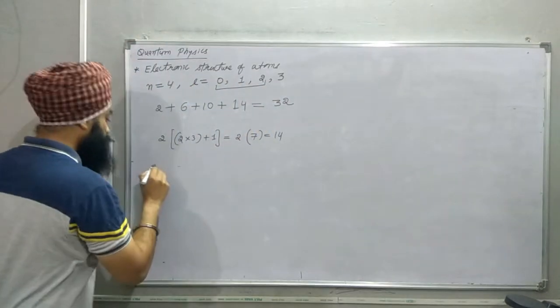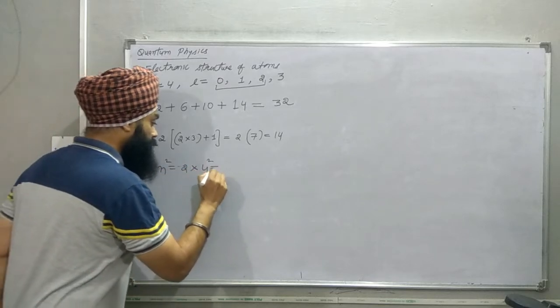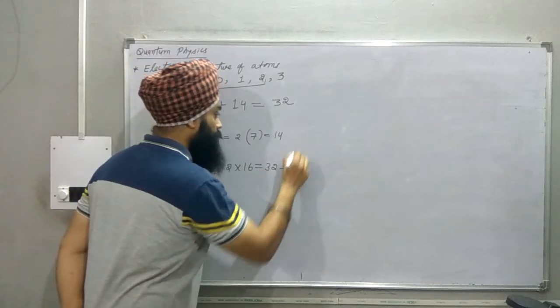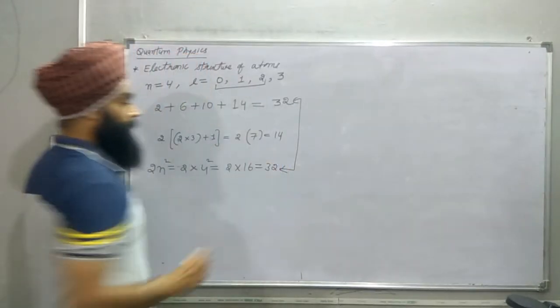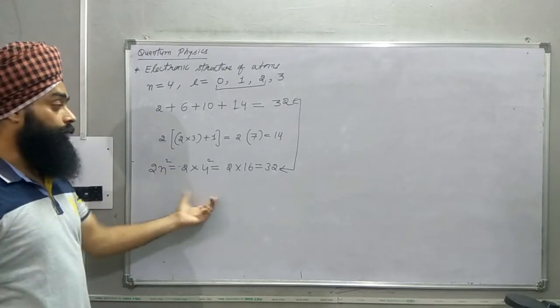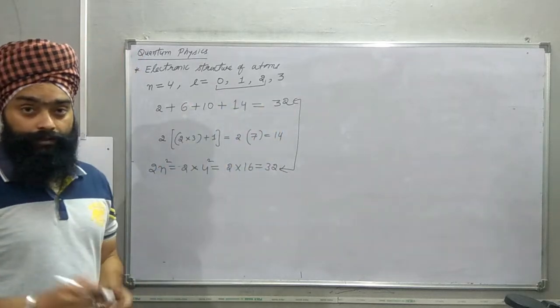Again, if I say 2n square, 2 into 4 square, these numbers are equal. So if you are given the value of L or n, you can directly find out the total number of electrons which can be accommodated in that particular shell or subshell.